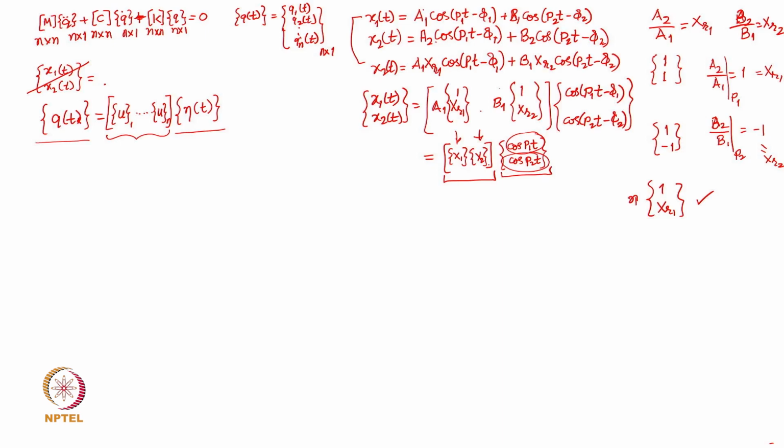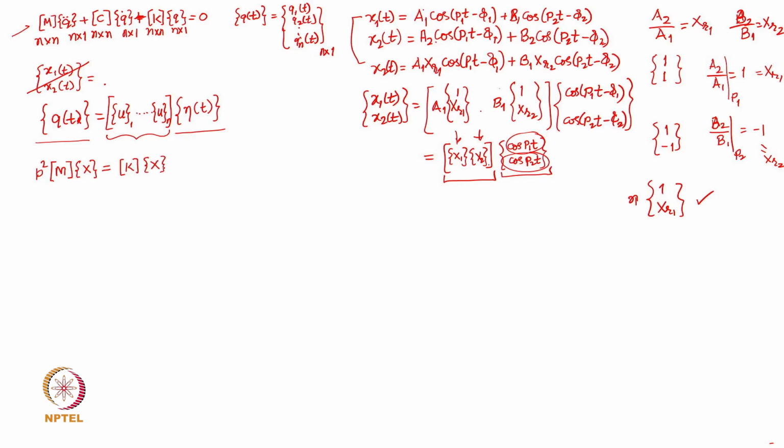Now, if we look at the governing equation of motion which I have written here, I have shown in some of the previous slides that p squared m into capital X was shown to be k times X, was it not?